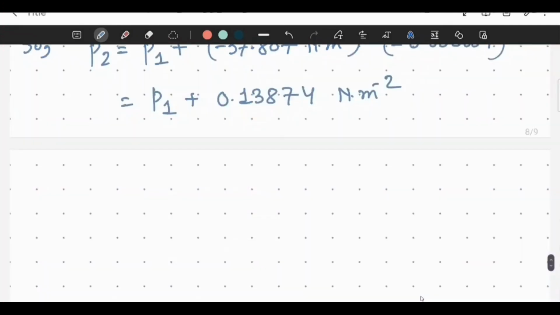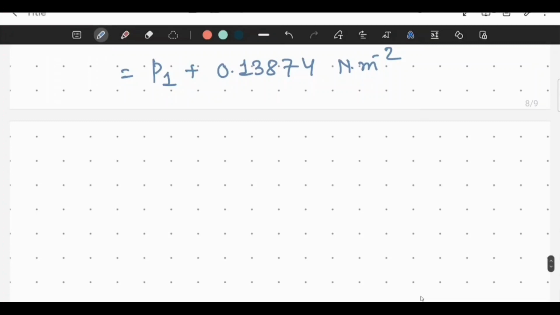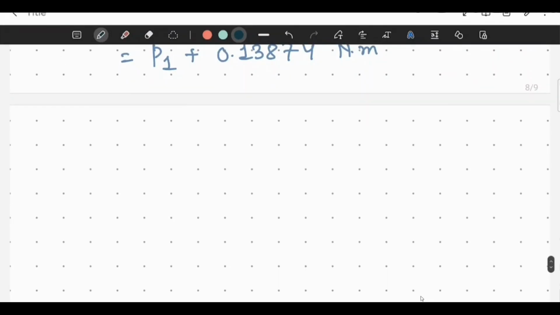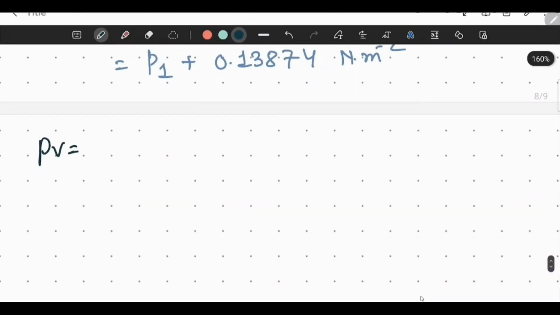But we know P1 is 1 atm. Now we have to convert Newton per meter square into atmosphere. So how can you convert that? Best way is the R value. If you remember the R value, then you can easily do this, because we know PV equals nRT.